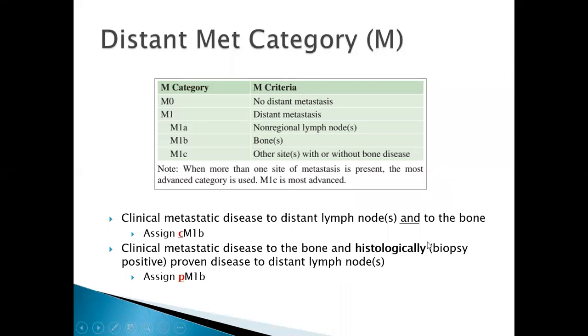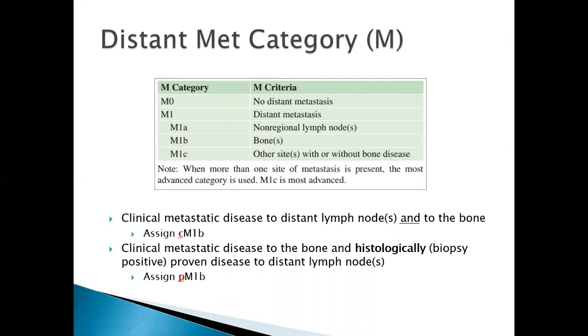Because there was histological confirmation of a positive biopsy of that distant site, you're going to assign a PM1B, because there were mets to the bone. So we want to take the worst category. Even though it was the M1A that they biopsied, it doesn't matter. We do a pathologic M1B, okay?